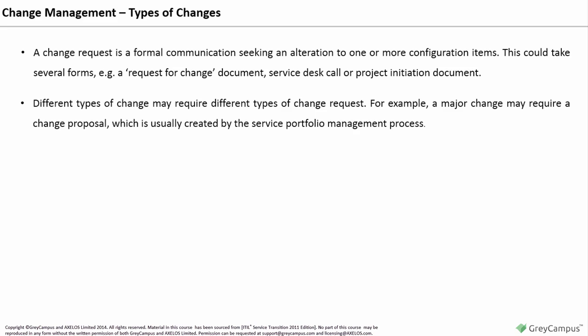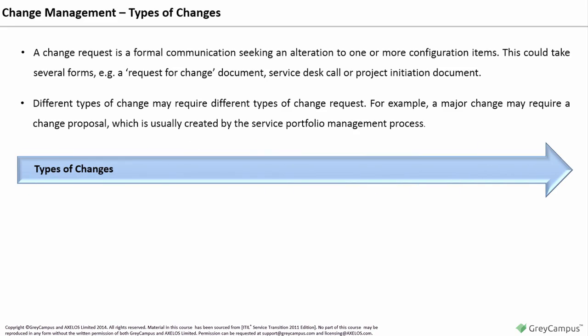For example, a major change may require a change proposal, which is usually created by the service portfolio management process. An organization needs to ensure that appropriate procedures and forms are available to cover the anticipated requests. Avoiding a bureaucratic approach to documenting a minor change removes some of the cultural barriers to adopting the change management process.